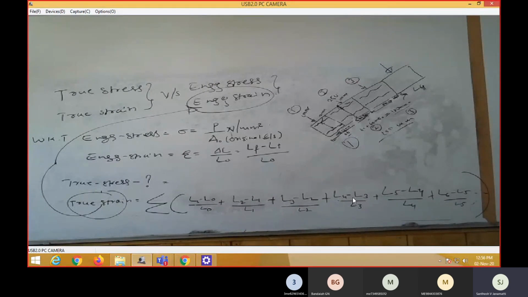Once we do that small derivation, definitely we will get a simplified formula for the true strain, because this is the bigger one.